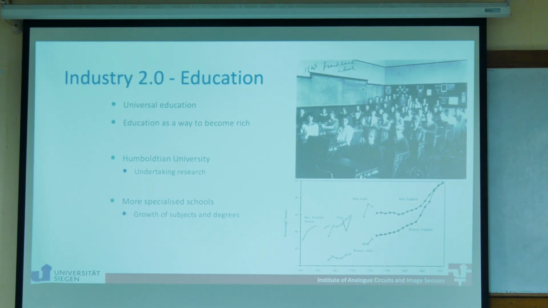We get more and more specialized schools. Gender-wise, women start working again, but they start working at the lower tier of the economy as typists or school teachers. They're not becoming board members or senior engineers, because again, we expect something from our female folks.